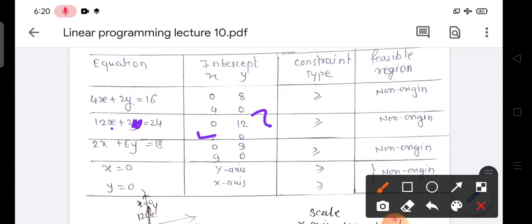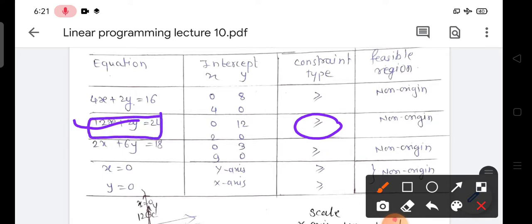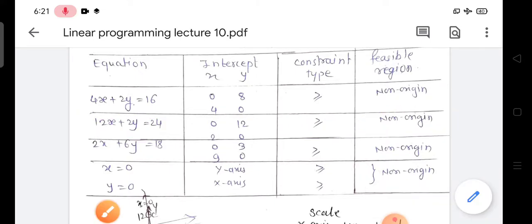So we'll get the two intercepts on the x-axis and y-axis. The line passing through these two points will give this one. What is the constraint type here? Greater than or equal to. Greater than or equal to means the solution for this line is on the non-origin side, opposite to the origin.